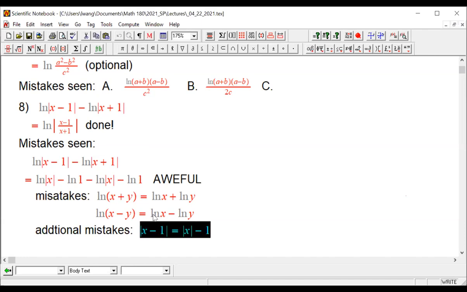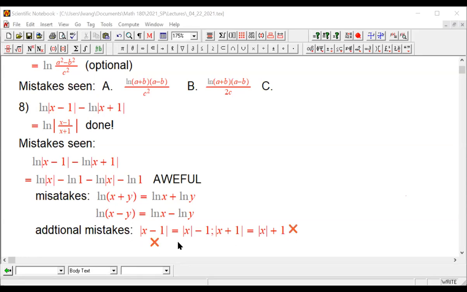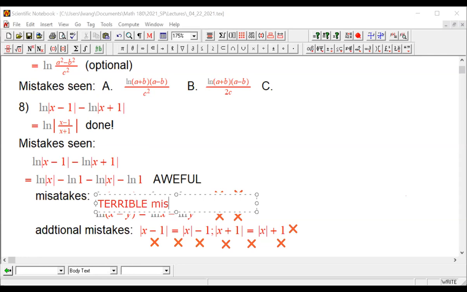And of course, the other one is also very rampant. All of these are terrible mistakes.